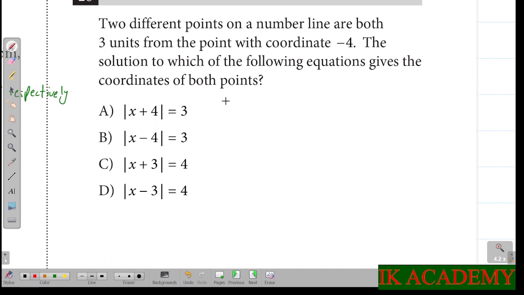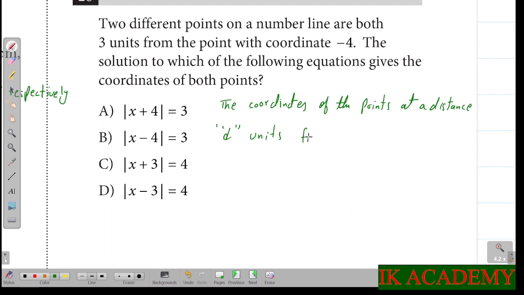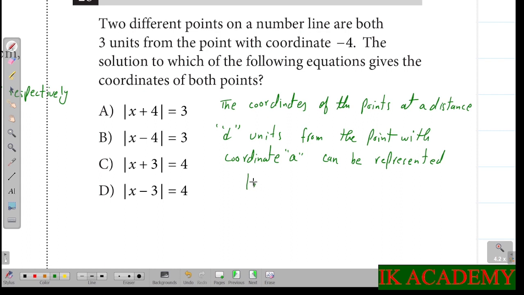So I'm going to write that the coordinates of the point at a distance, we can show the absolute form as the coordinates of the points at a distance of d units from the point with coordinate a can be represented in the absolute form, which is x minus a.